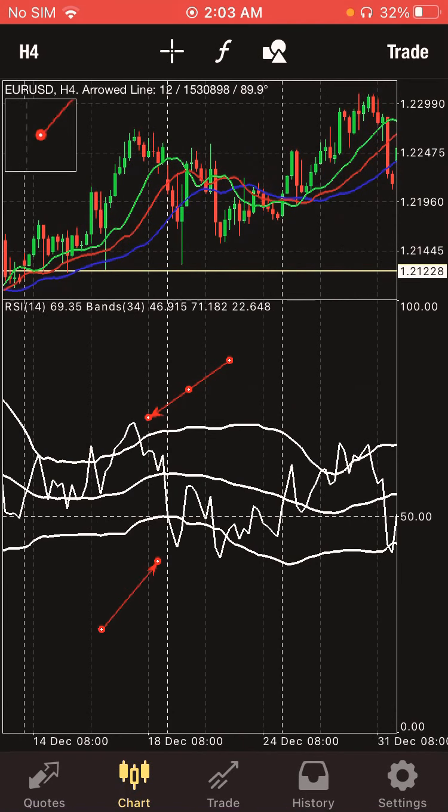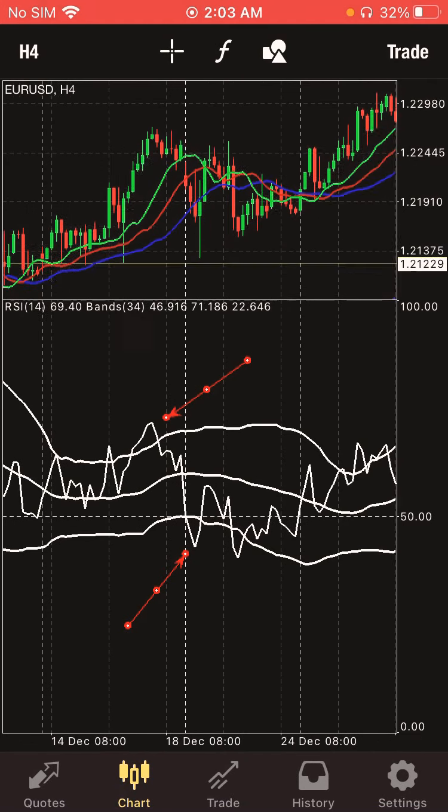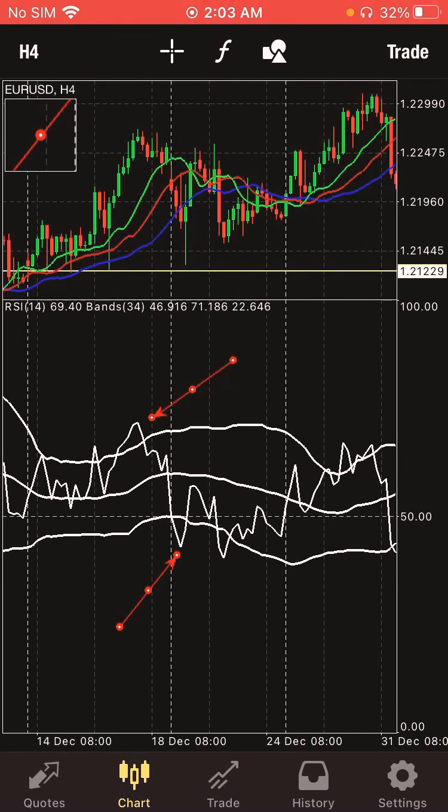So what this is telling me right here, I'm going to look at the bottom first. This is telling me that this is oversold. Way too many sells, right? So when there's way too many sells and this creates a shark fin at the bottom, we can only assume price is going to go up, right?